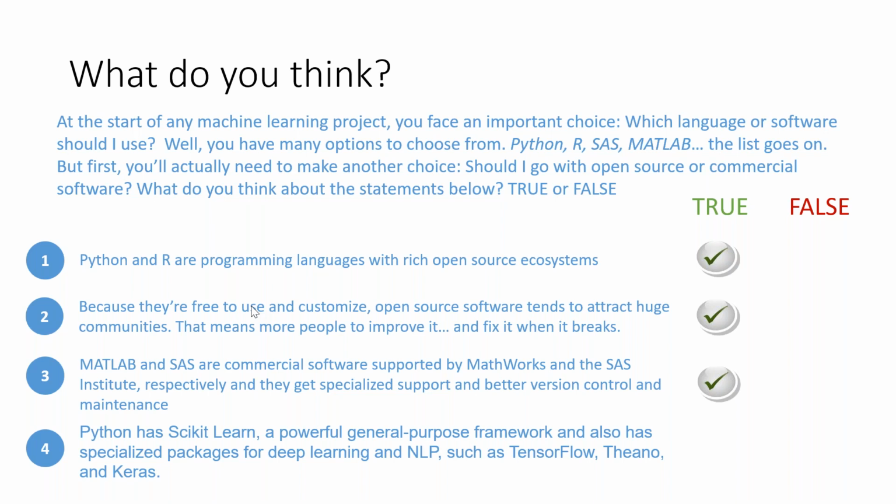Python has scikit for ML, as well as very specialized packages for deep learning and NLP, such as TensorFlow, Theano, and Keras. These are all built on top of Python. These are the technologies Google uses to solve their deep learning problems. TensorFlow, Keras, all that. So is it true or not?